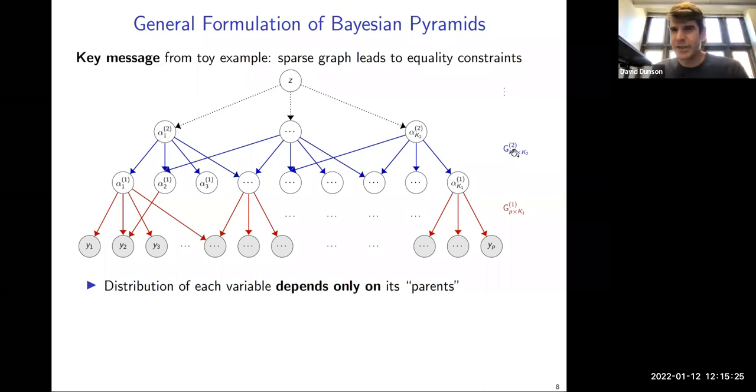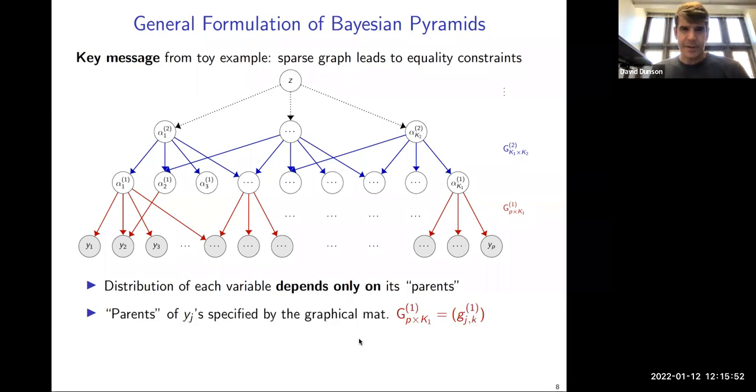G superscript 1 describes the edges between one layer deep and the observed data level. G superscript 2 describes the graphical relationship between 3 layers deep and 2 layers deep, etc. And then we'll just do fully connected between Z and the first layer.